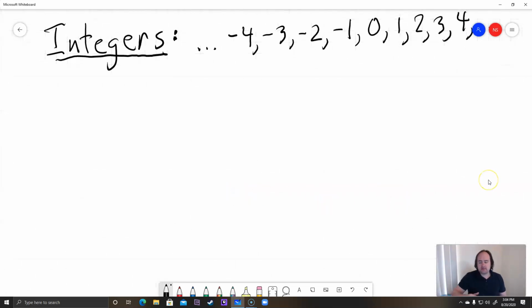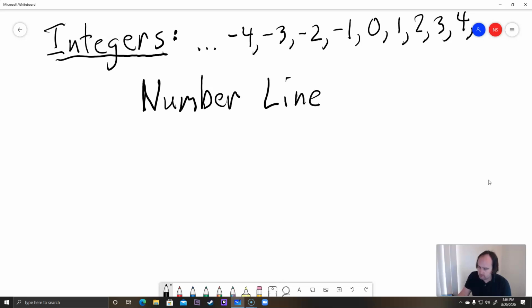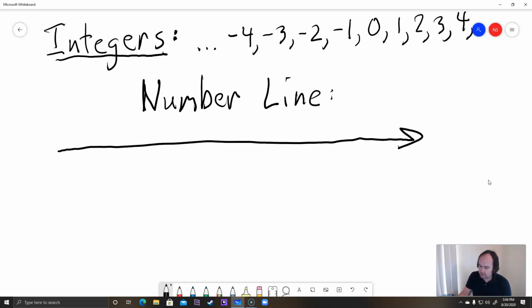Many of you have probably seen the number line before, but I wanted to show you what integers look like on the number line. Okay, so the number line. When people are writing the number line, they make a horizontal line. And usually in the middle of the line, you're going to have 0.